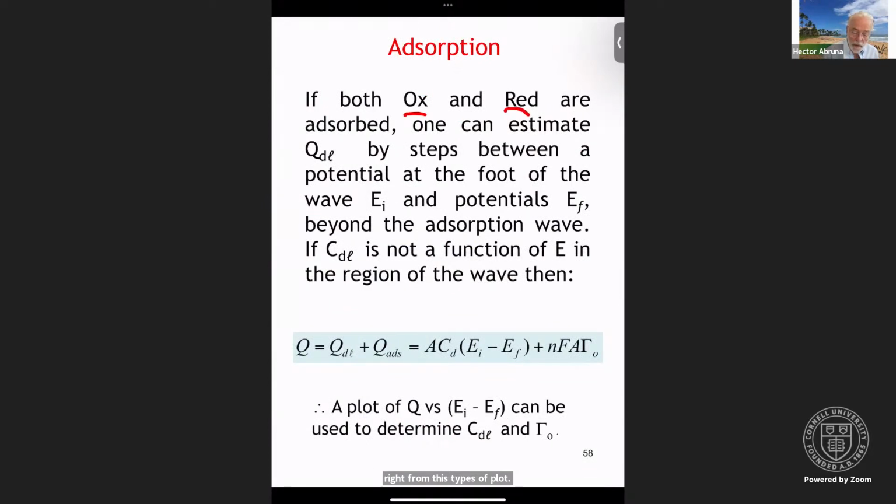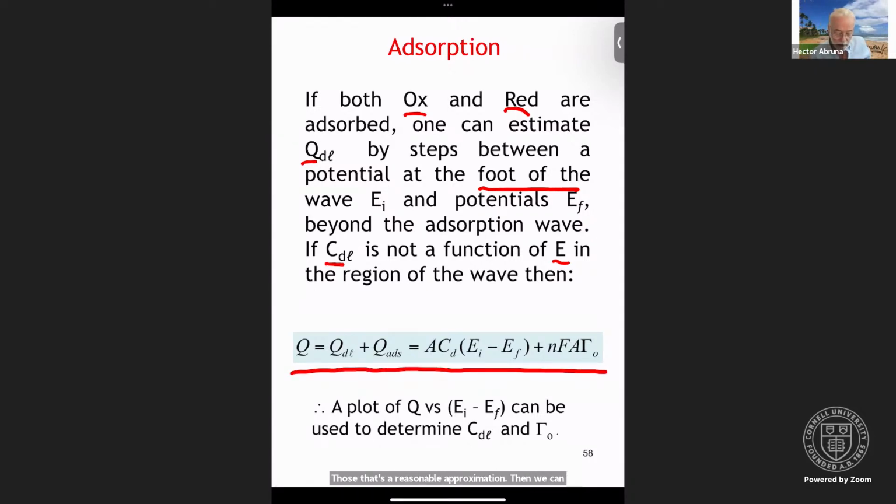If both ox and red are adsorbed, one can estimate what the double layer charge is by taking steps between a potential at the foot of the wave and a potential beyond the adsorption wave. Assuming that the double layer capacitance is not a function of potential, which, for let's say narrow delta E, is a reasonable approximation, then we can derive the following expression.